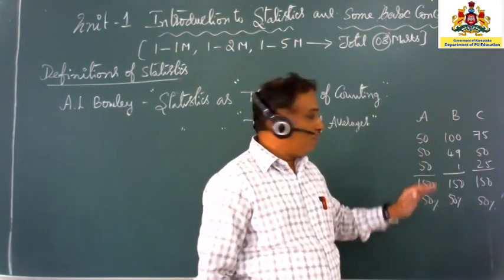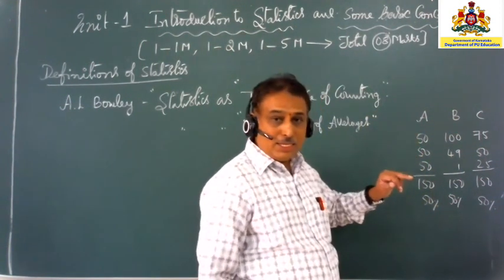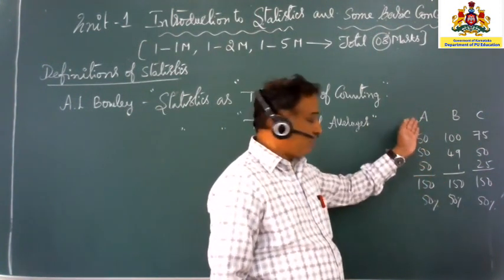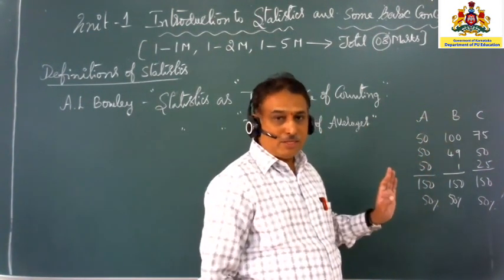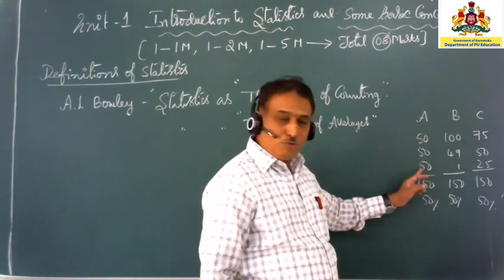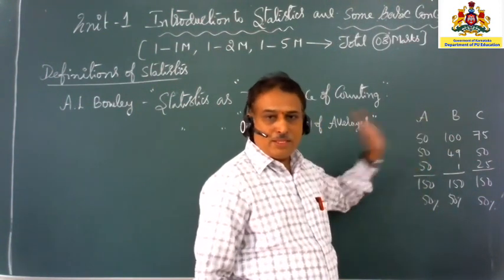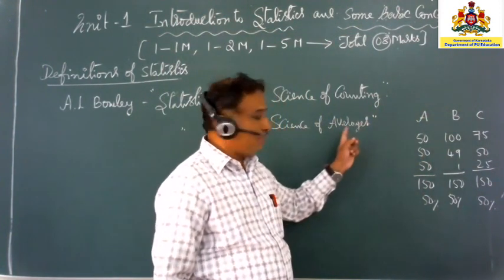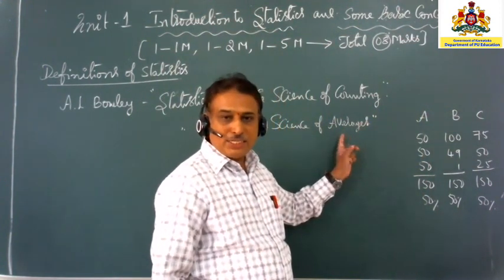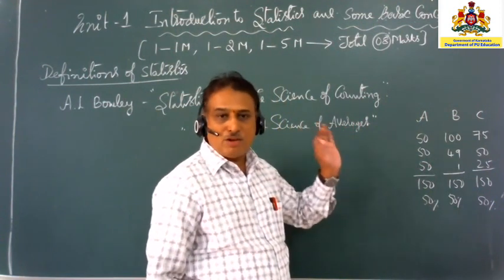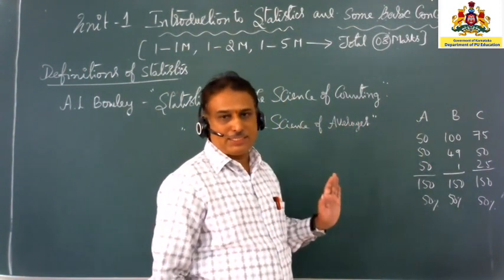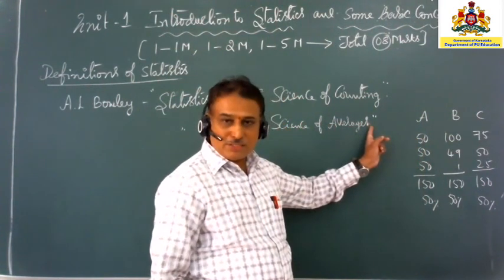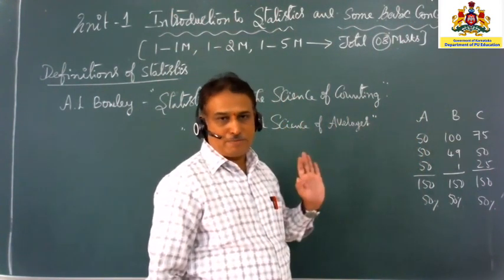Based on the consistent performance, whether it's a student or a batsman, we should choose person A. Like that, this average definition is not the complete sense of the definition of statistics. That's why this definition also failed.